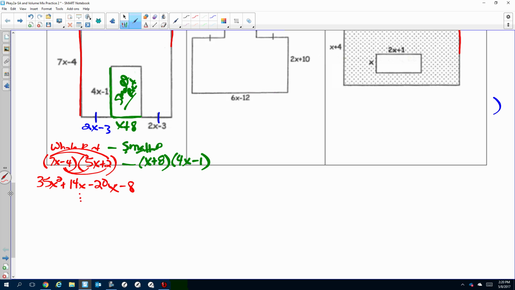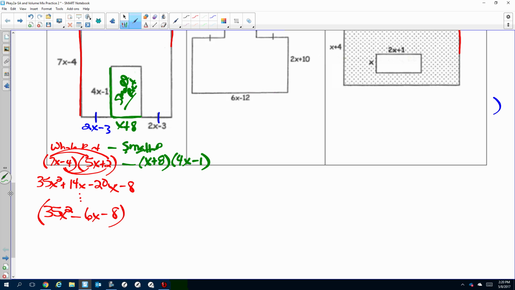So we simplify this, combine our like terms: 35x squared minus 6x minus 8. That represents the area for our whole rectangle. And I think I subtracted that wrong. No, that's right. And then we are going to do the small rectangle, its area.